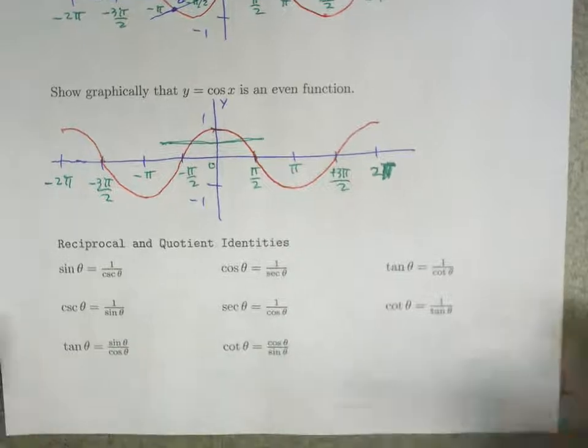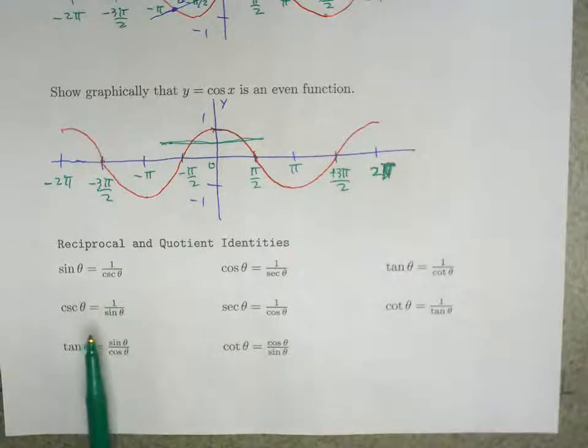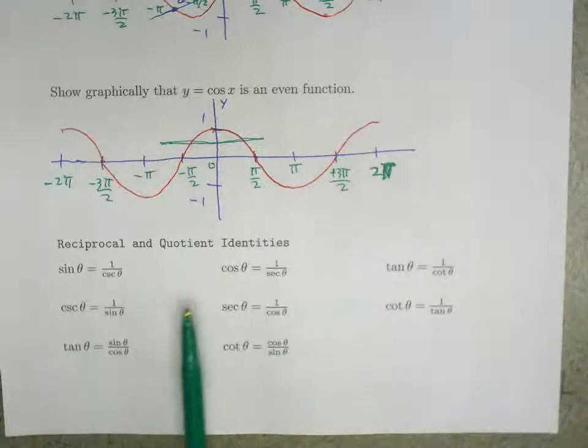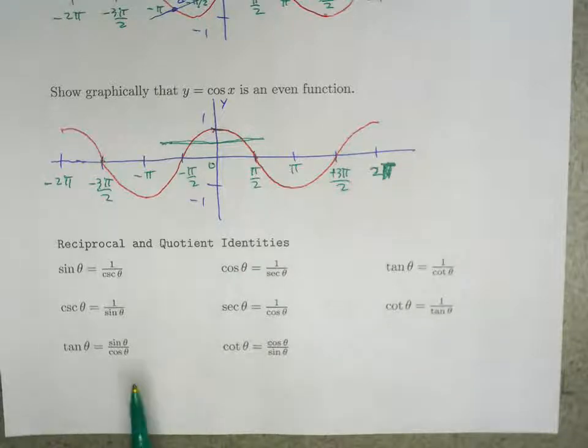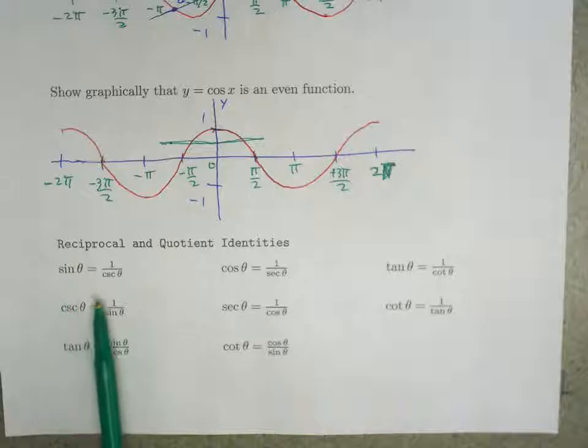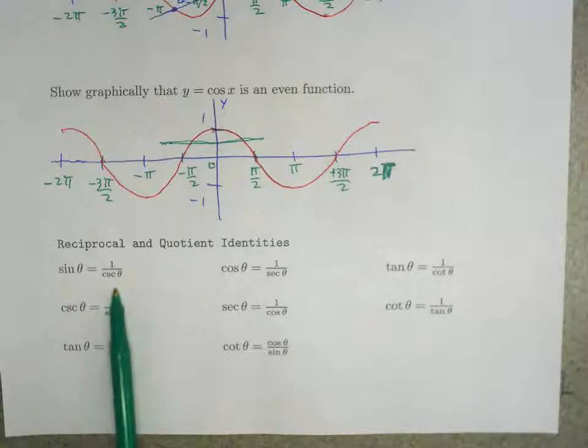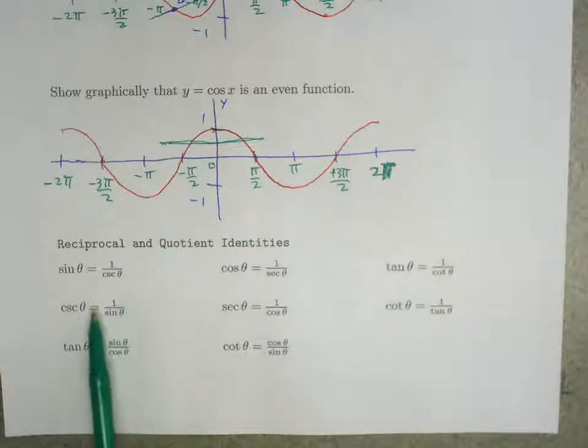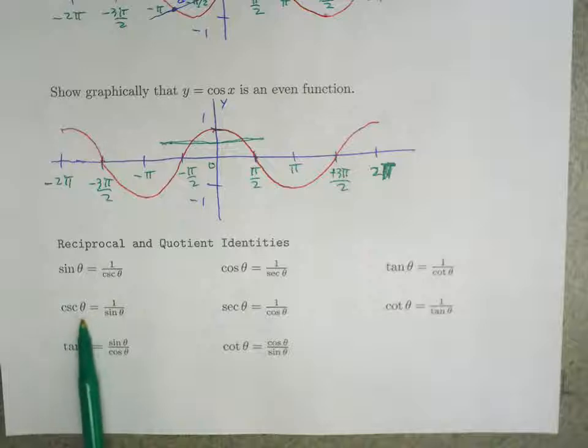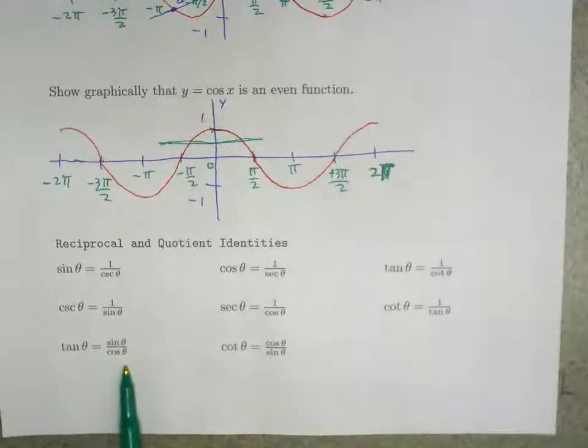Okay, we've seen these reciprocal and quotient identities, but it doesn't hurt to go over them. Sine of theta is 1 over cosecant of theta. And likewise, cosecant of theta is 1 over sine of theta. Tangent of theta is sine of theta over cosine of theta.